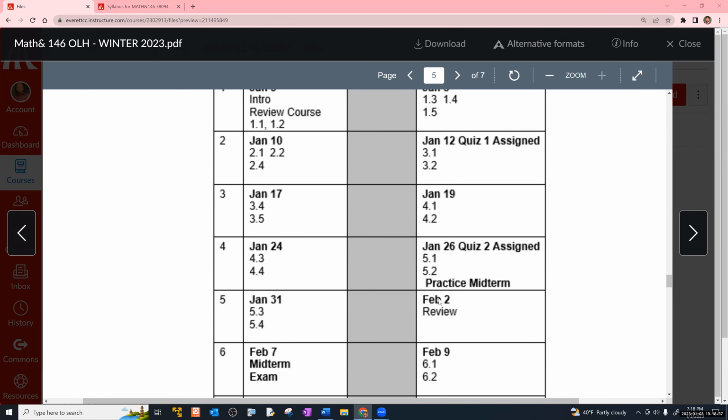And then February 2nd, I put in review. This is probably going to be the date, unless something else pops up on my calendar, where we will have our Zoom meeting, and we're going to go over the solutions to the practice midterm and talk more about the midterm.